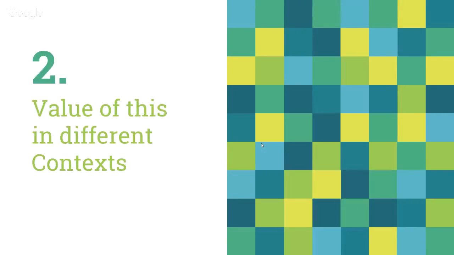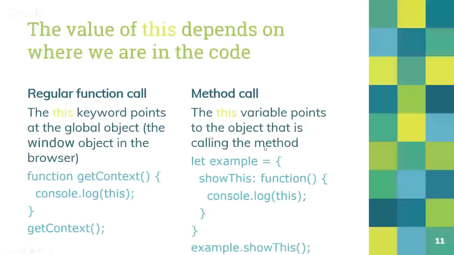Okay, so we talked about what this variable is. Now let's see what its value is. As you can see here, the value of this variable depends on where we are in the code. More specifically, if we're calling a normal function or we're calling a method which belongs to an object. So if we call a normal function, the value of this points to the global object.